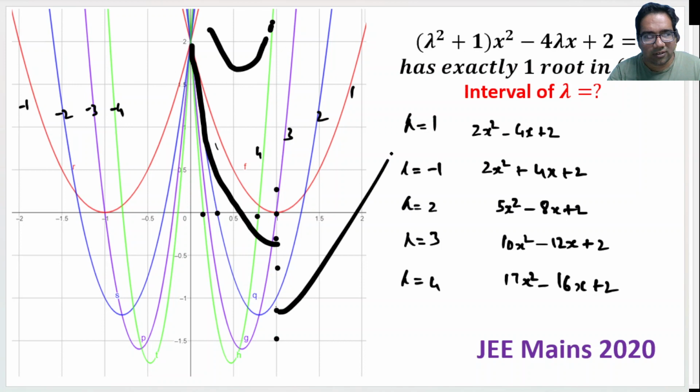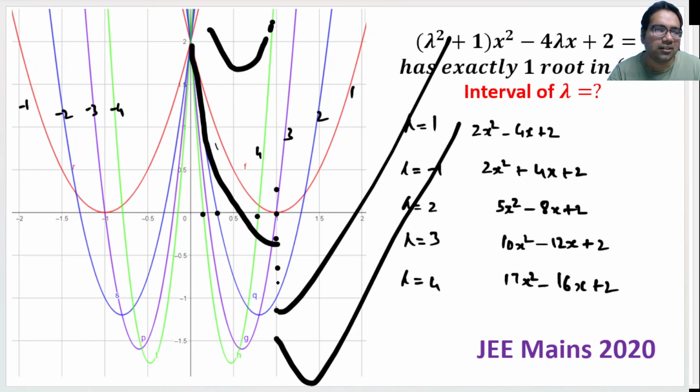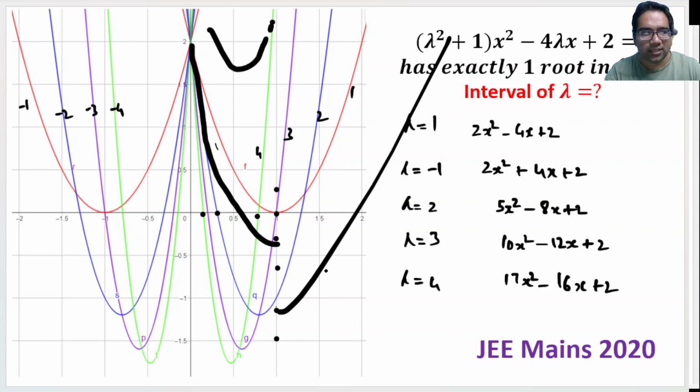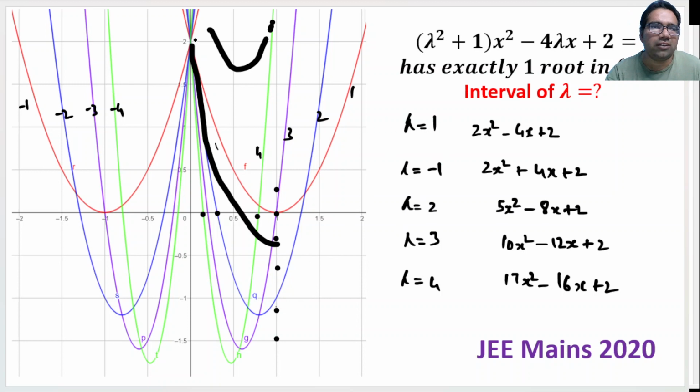Then it will come outside like this, or it will still go down and come outside, whatever. When x equals 1 and y is negative, there will definitely be only one root lying between 0 and 1.